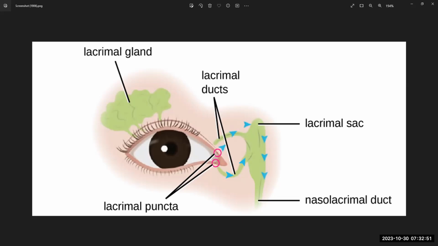So this is how the first line of defense, the mucous membrane, helps the human body from becoming vulnerable to infections. So it can act as a protective layer.